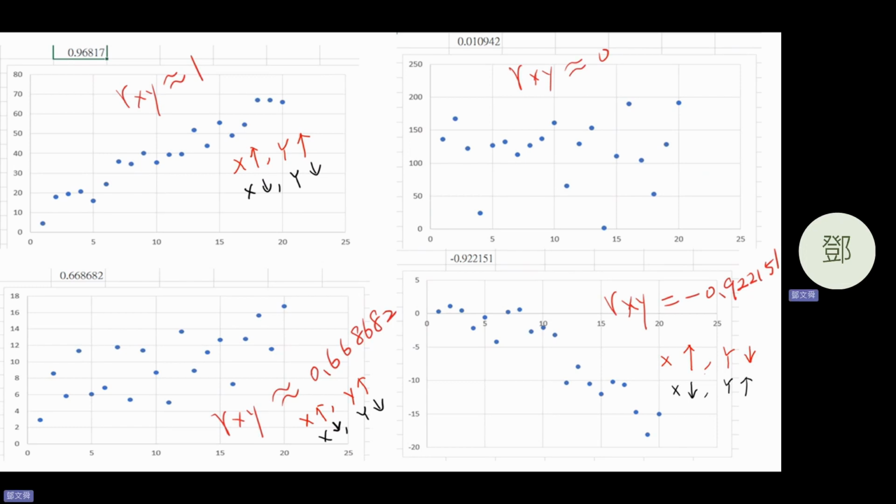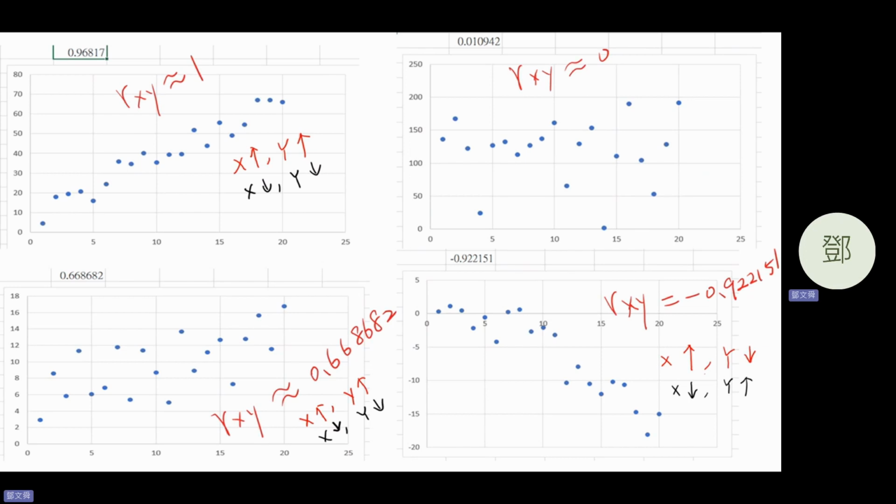Do you remember the movie Titanic? You jump, I jump. Okay, that's called movement. They move together, same direction.